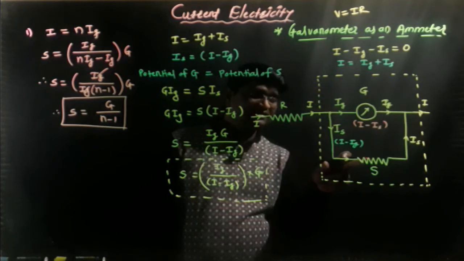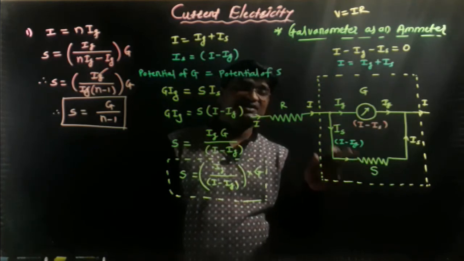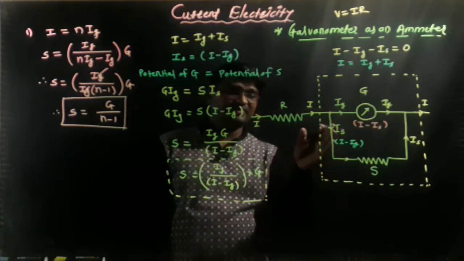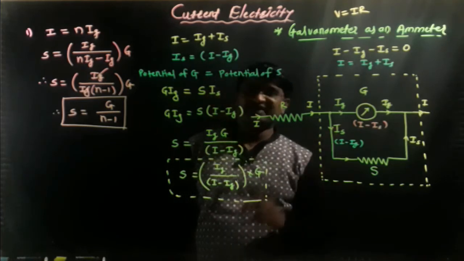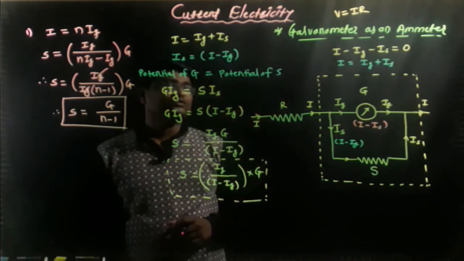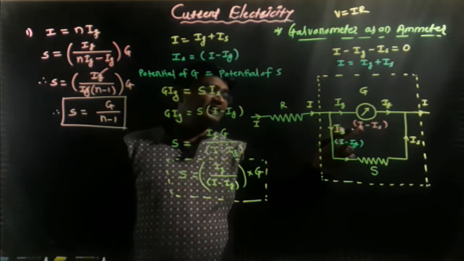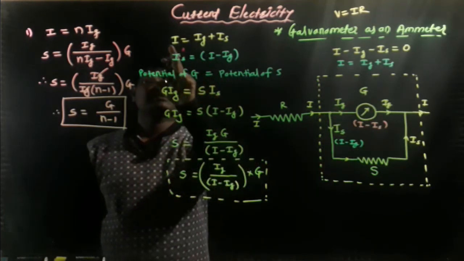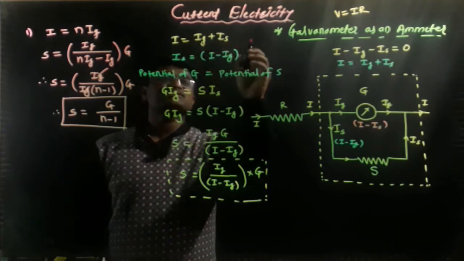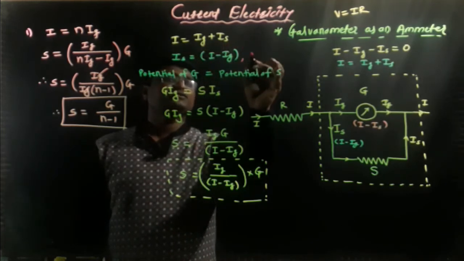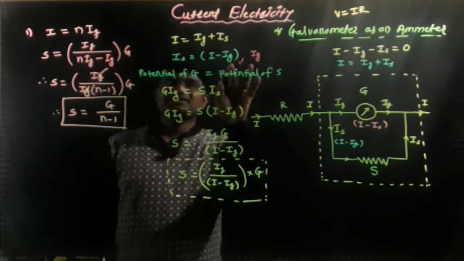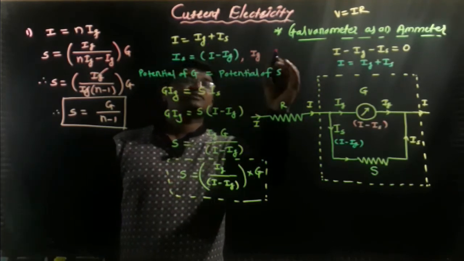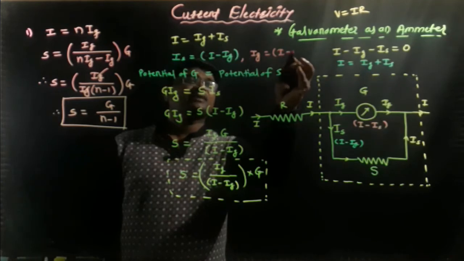So the capacity of the shunt resistance means how much electric current passes through the shunt resistance, so we find out Is. We know that the current passing through the galvanometer is I minus Is. By using the equation I is equal to Ig plus Is, we can also find out the value of Ig. Is is equal to I minus Ig, so Ig is equal to I minus Is.